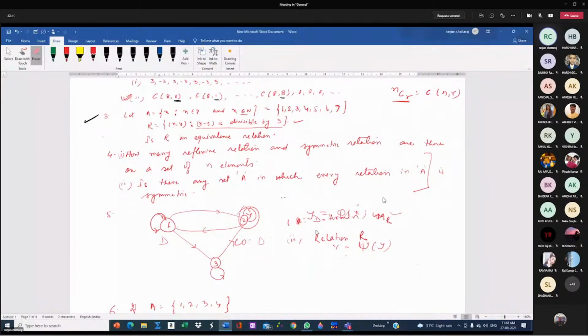Singleton set? Yes. If only one element, then these are the simple tricky questions. Null set?